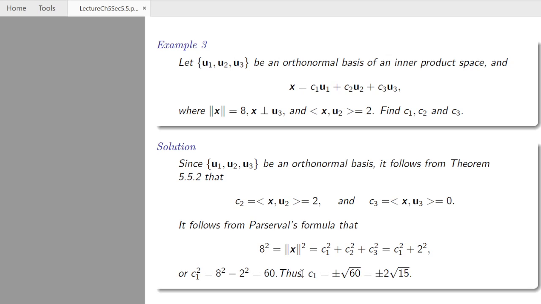So in this case, the length of x is 8, so on both sides we take a square. Then we get 8 squared equal to the length of x squared.